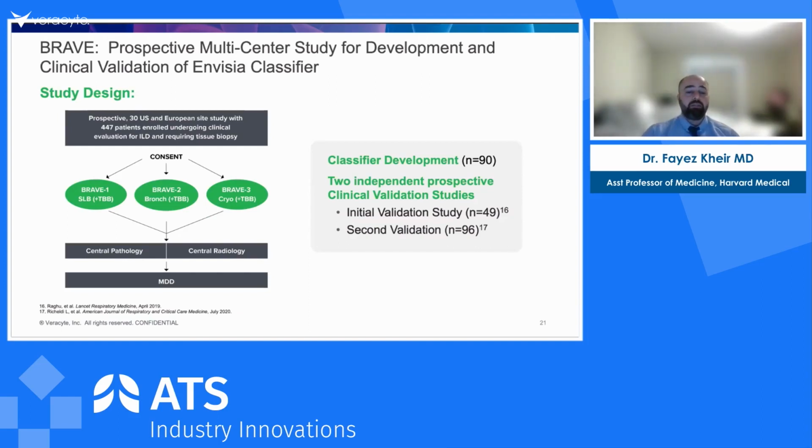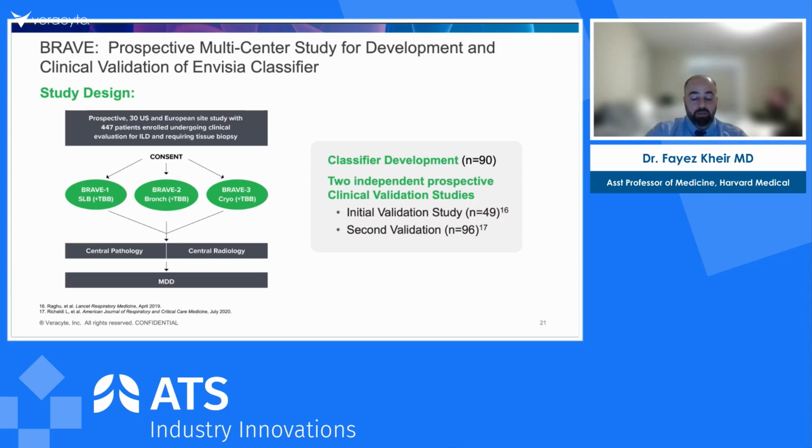So Envisia was clinically developed and validated from the BRAVE trial, which is a large prospective multicenter trial. These enrolled patients who were undergoing clinical evaluation for interstitial lung disease. The majority of patients had surgical lung biopsy, less commonly cryobiopsy or transbronchial biopsy.